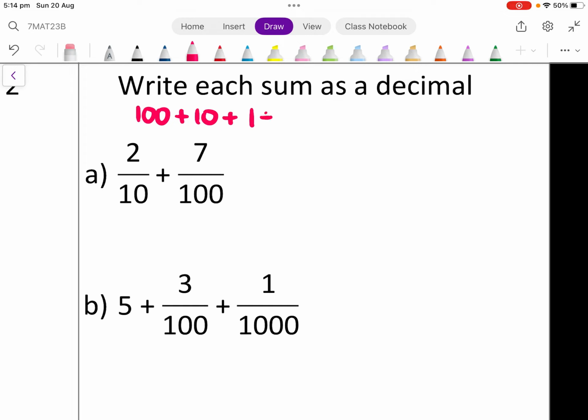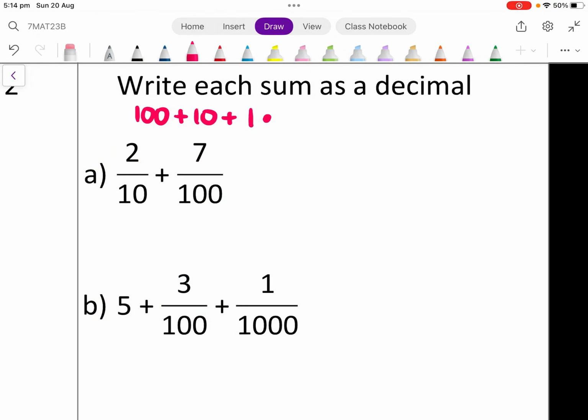Then we have our decimal point, before we have our tenths plus our hundredths plus our thousandths. This 2 over 10 means that it is the first number after our decimal point, so this number is going to be 0.2, and then that 7 is over 100, so that's the second number after the decimal point. So it's going to be 0.27.